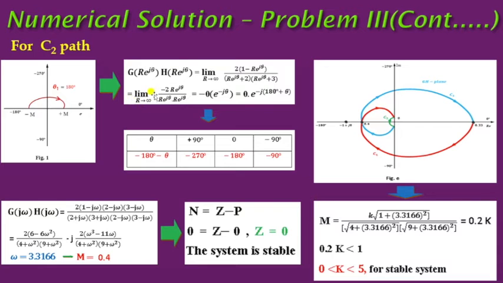If R tends to infinity, then this magnitude is 0, but it is minus 0, and this angle is e to the power minus j theta. The magnitude is always considered positive, but this result is negative.